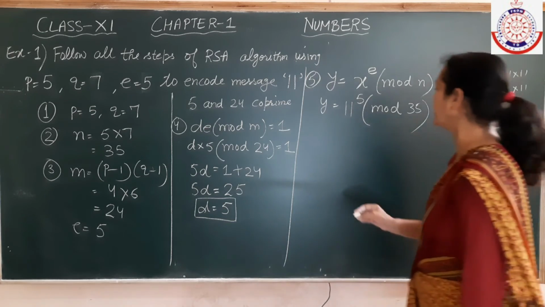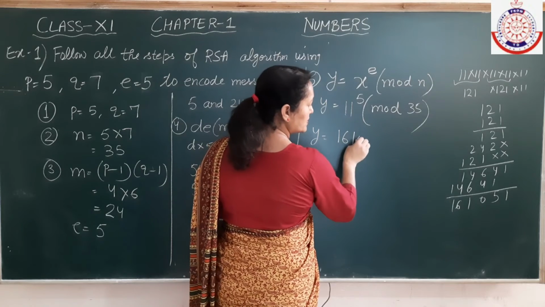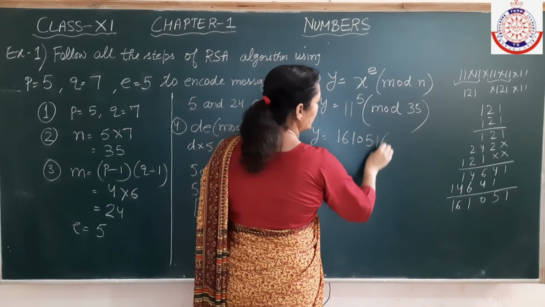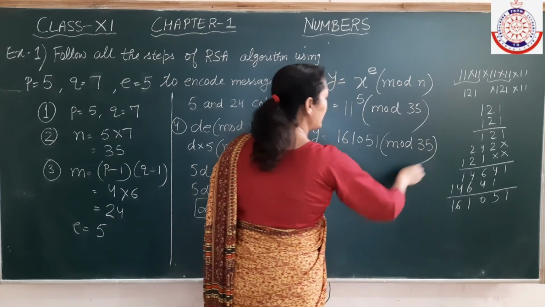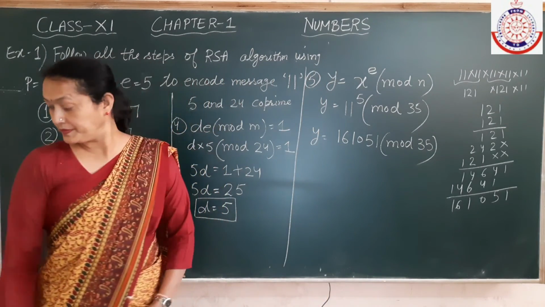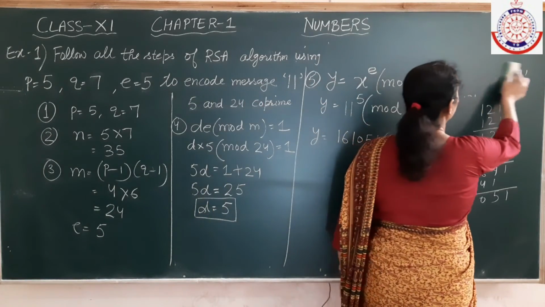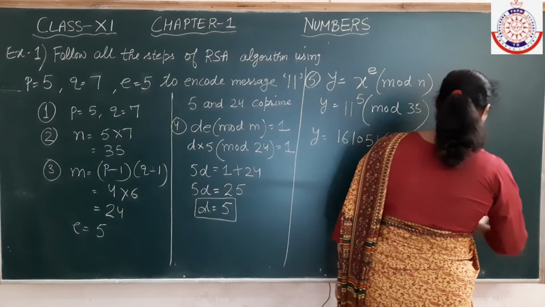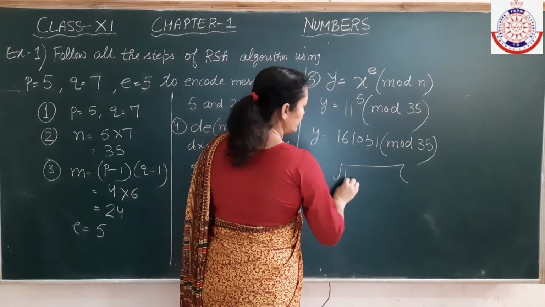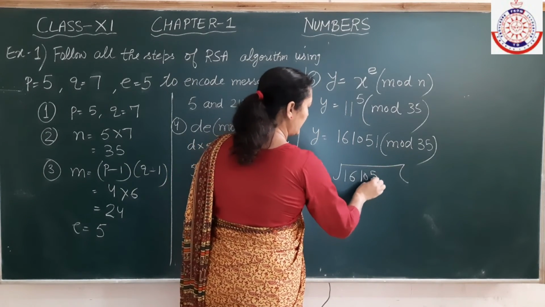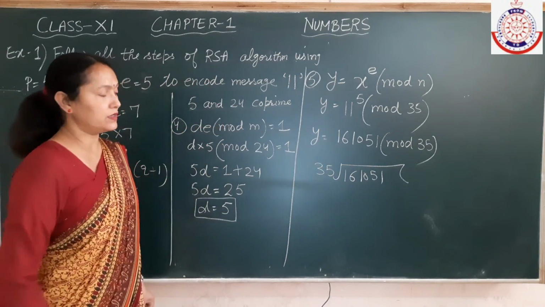So we have obtained 161051. Now this number is to be divided by 35. By dividing 161051 with 35, we'll get the secret code for number 11.